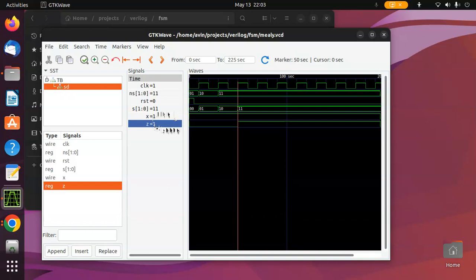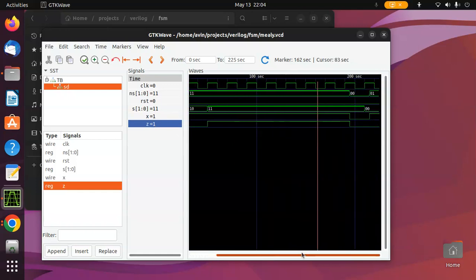We have designed a circuit for detecting 1 1. In all these conditions you apply input as 1 and also the present state is 1 1, and when the present state is 1 and the input becomes 0, the output becomes 0. So this is the Mealy circuit.